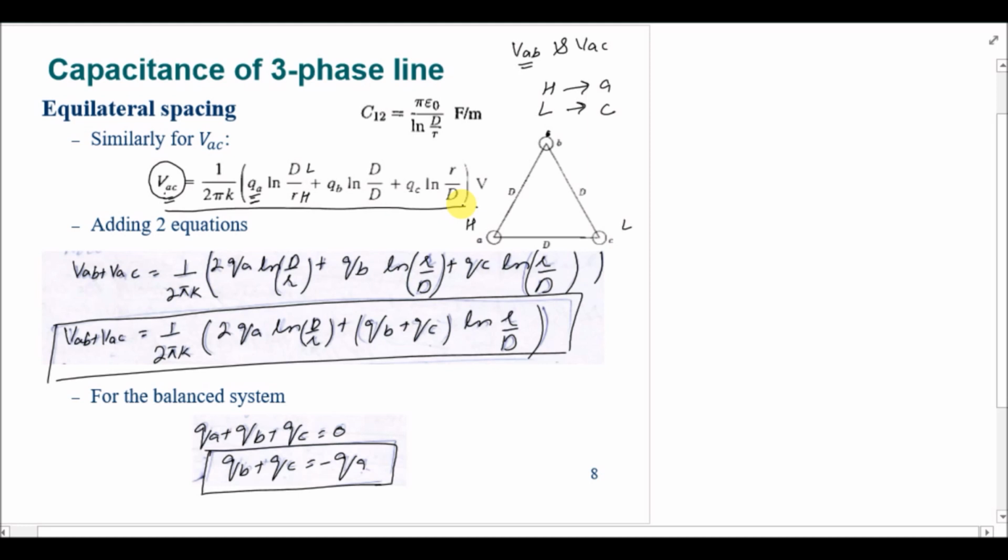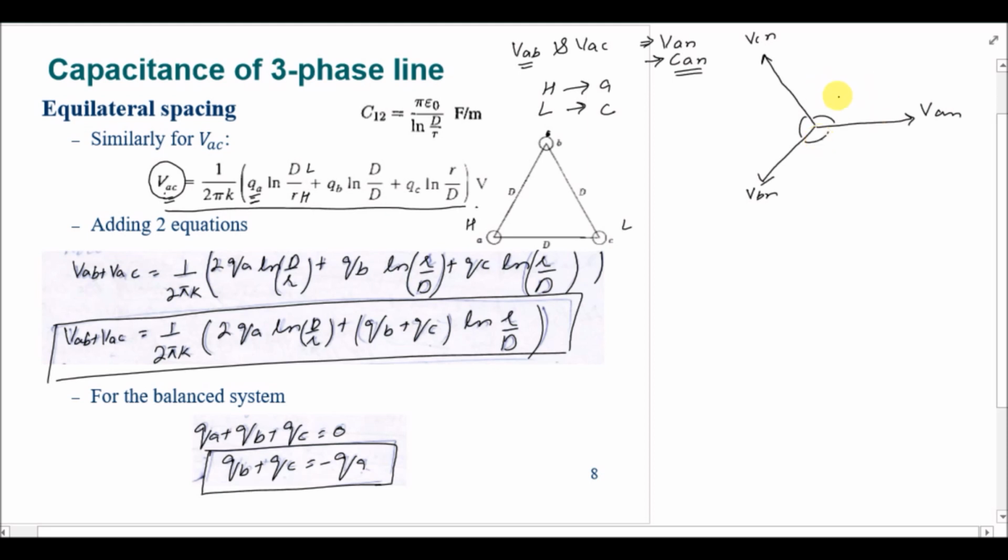So this is the value of VAC, right? In the start of the lecture I told you that we have to calculate VAN so that we can calculate CAN. This is line to neutral capacitance, this is a line to neutral voltage. We know that VAN, VBN, VCN, they are 120 degree apart from each other.